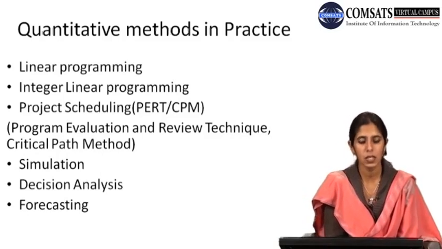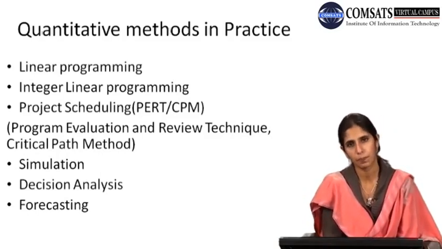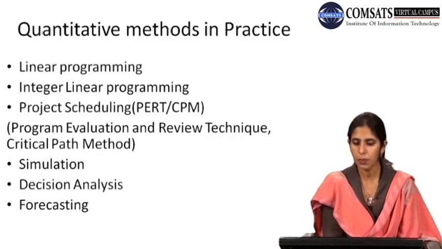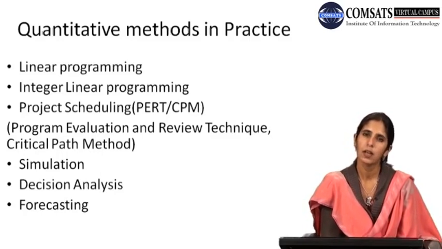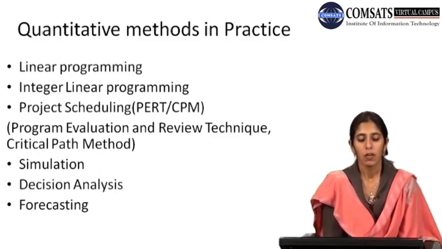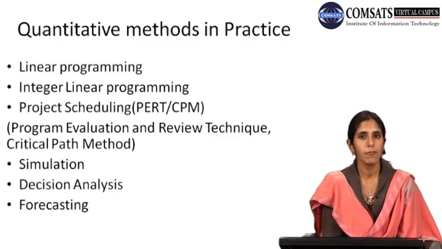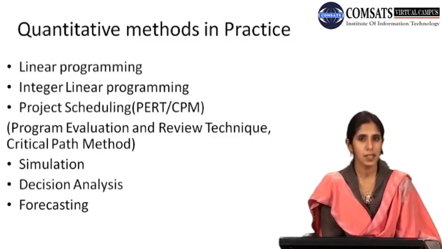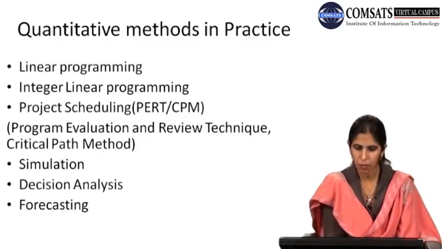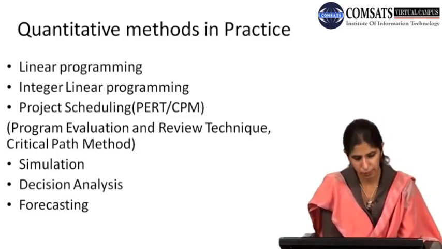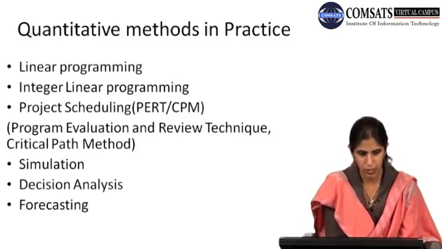and a step higher to it is integer linear programming. Integer linear programming involves one figure, or you can say a coefficient, which becomes a very important concern in a specific business. For example, if you are talking about production and sales, the similar example which we have discussed a few times.